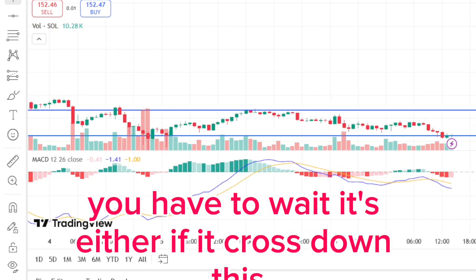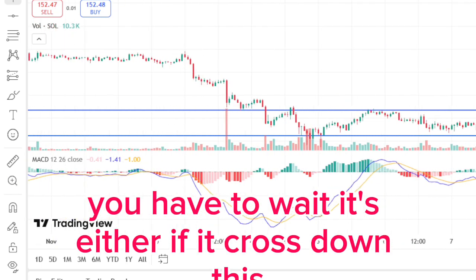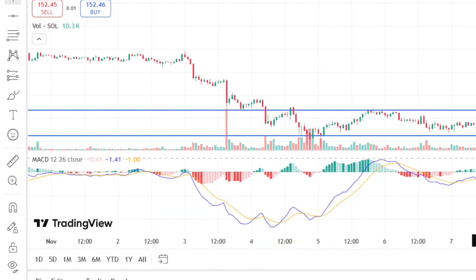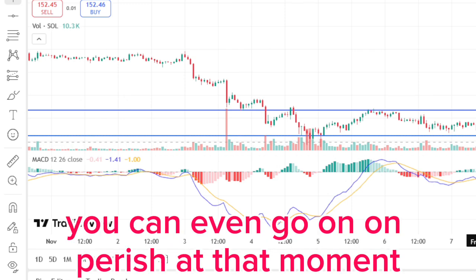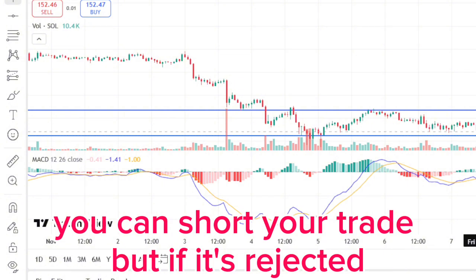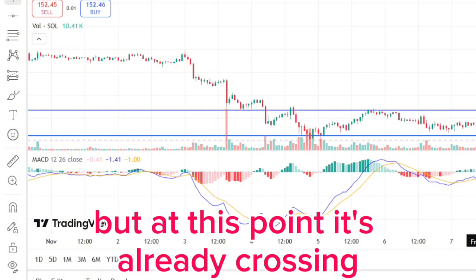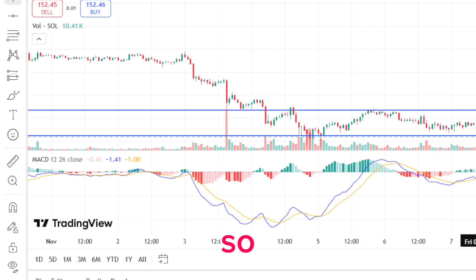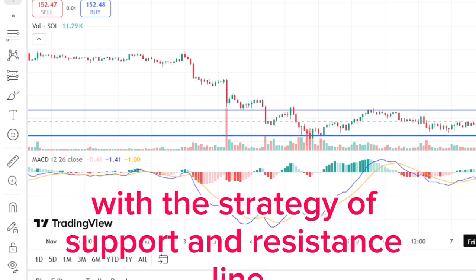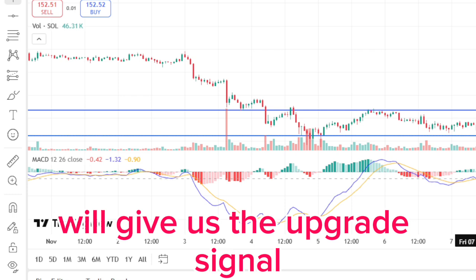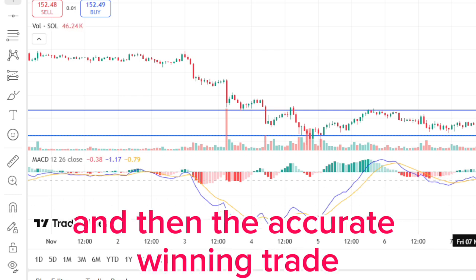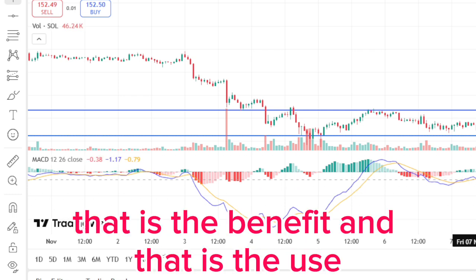So you have to wait. If it crosses down this support massively, you can go bearish at that moment. You can short your trade. But if it rejects, but at this point it's already crossing, it's already coming down. So that means the MACD with the strategy of support and resistance lines will give us accurate signals and accurate winning trades. So that's the benefit and that's the use.